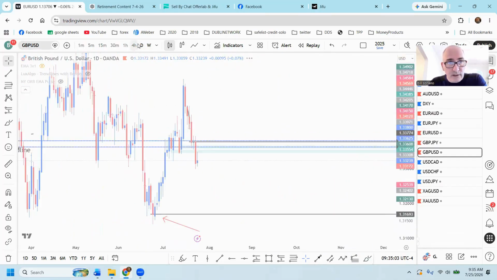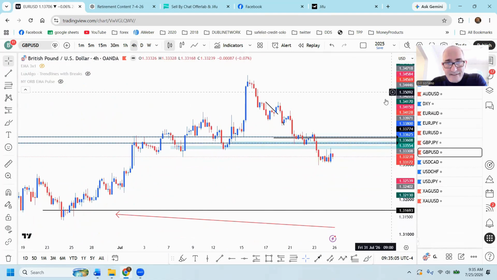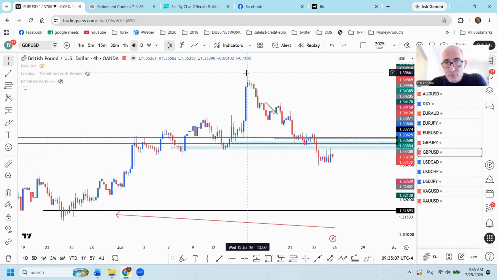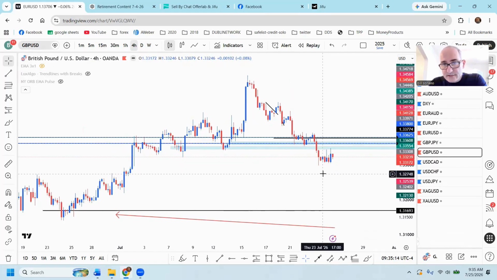If we go to the 4-hour, we can see that after making this move up, GBP-USD has made several breaks of structure to the downside here. It's also taken out this low right here, which isn't necessary, but just a point to point out.